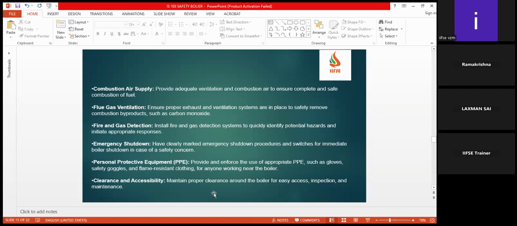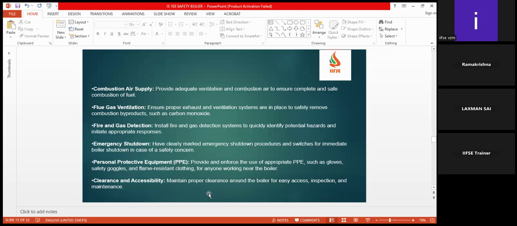Then emergency shutdowns. So we have a clearly marked emergency shutdown procedure. Like we'll have a procedure for the fire drills and mock drills, etc. Same way, emergency shutdown procedures are in place, and also those procedures are well understood by all the operators and also the emergency rescue management system as well.